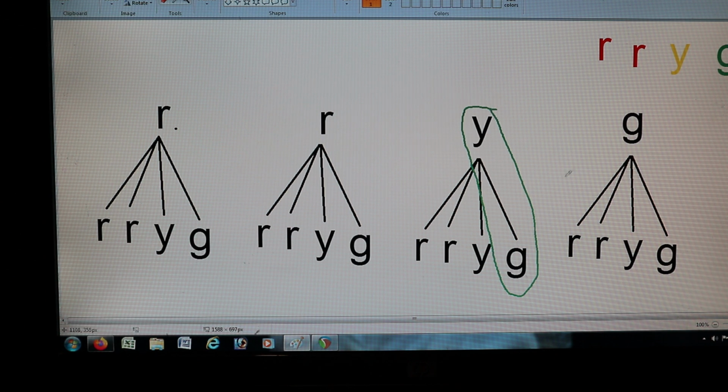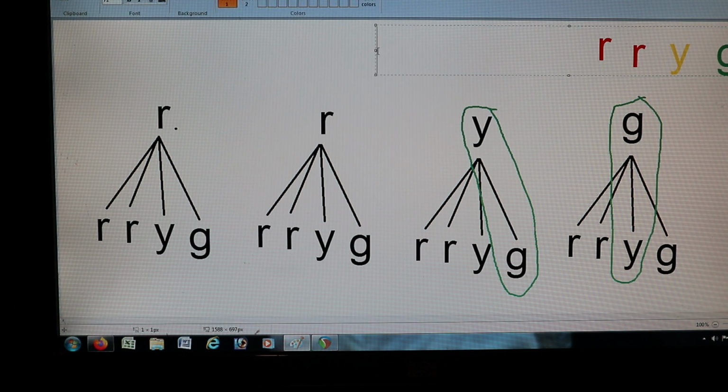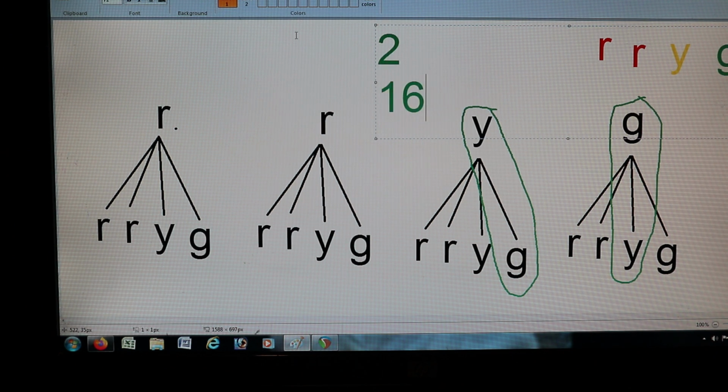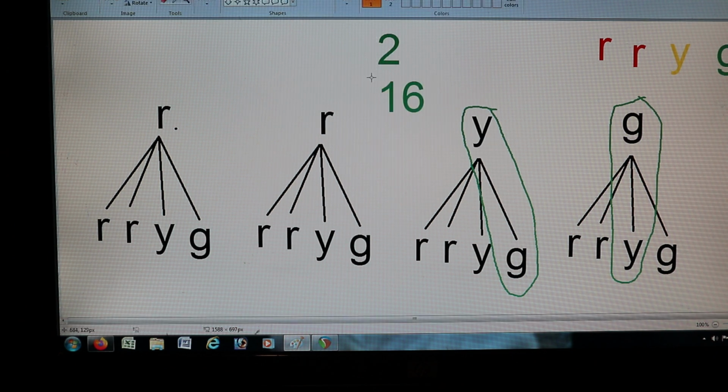Now, because it doesn't matter what order you have here, you could also go green and then yellow. So the chances of picking a yellow and then a green, or a green then a yellow in no particular order would be 2 out of 16. All right, and that's because there's no particular order here.